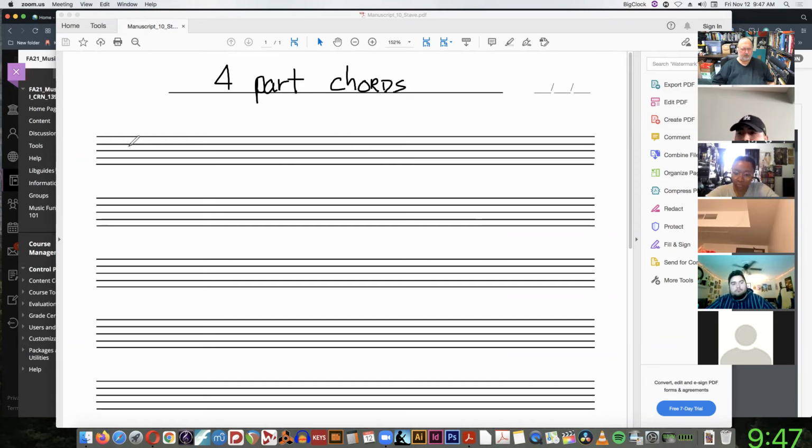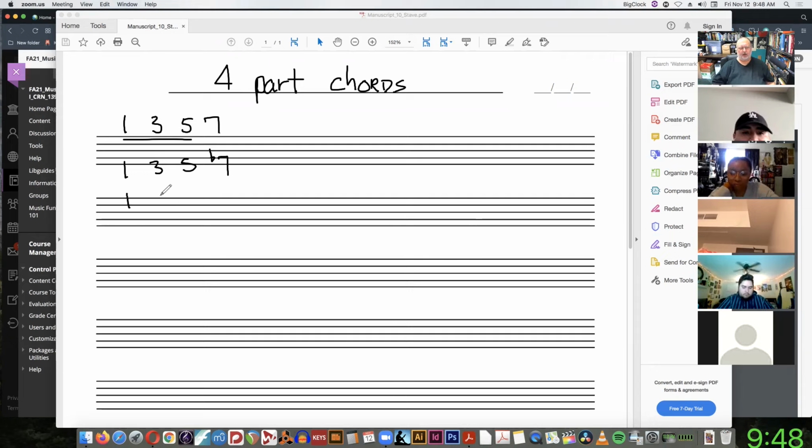Let's take our first one: 1, 3, 5, 7. So the first thing you can do is leave these three intact, right? And then modify the 7. So you can go 1, 3, 5, and then what can you do to the 7? You can make it a flat 7, right?